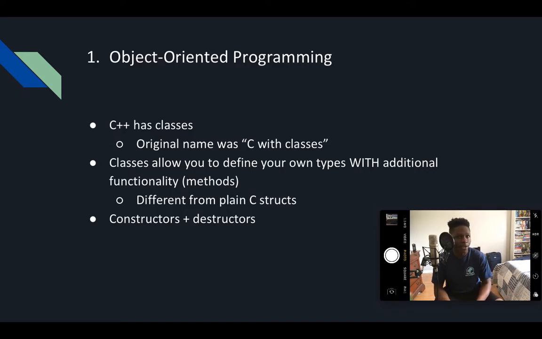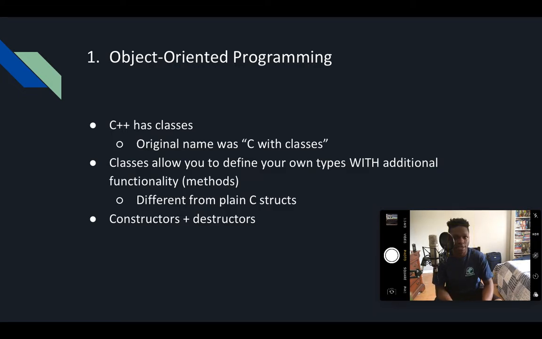Classes, as you might know, allow you to define your own types within the type system with their own additional functionality in the form of methods. So instead of having consumers of your API, or within your own application, consume opaque struct pointers, you can actually give them instances of a concrete type and they can interact with that instance.